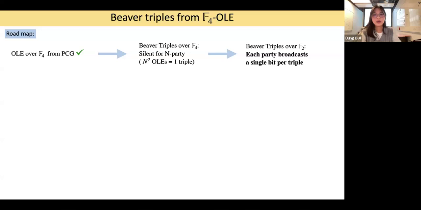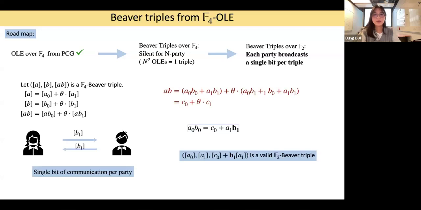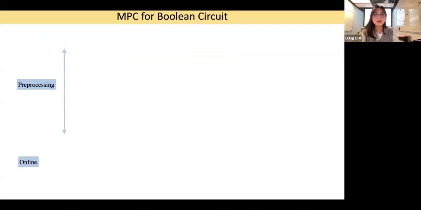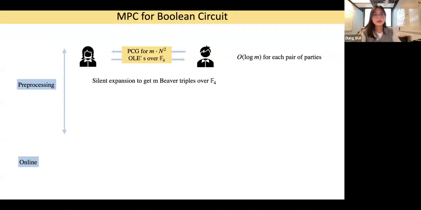So now we know how to get the pivot triple over F2, and the last step is to put everything together to get the MPC for the Boolean circuits. In the preprocessing, as I mentioned before, we are using BCG. From BCG, we get the n times n squared early over F4. And the communication cost is only logarithmic in the number of early that you want to get, so it's O of log m for each pair of parties.